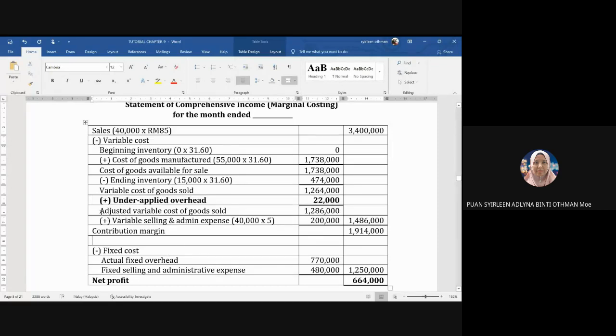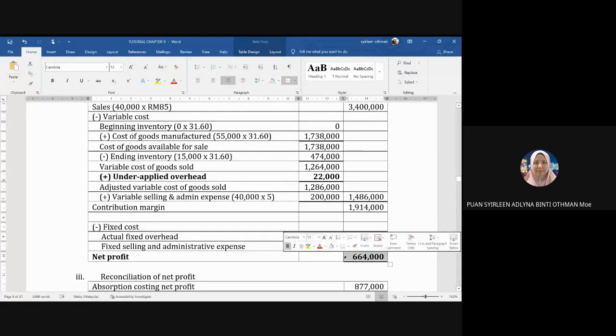So you dapat adjusted variable cost of goods sold, lepas tu plus variable expenses. Kita akan dapat total of variable cost of 1,486,000. So bila you dah minus, you get your contribution margin of 1,914,000. Okay, and then you minus all your fixed costs you're having. Lepas kita akan dapat net profit of 664.